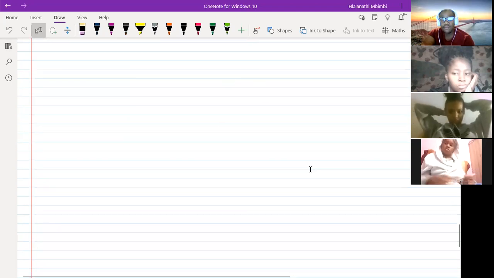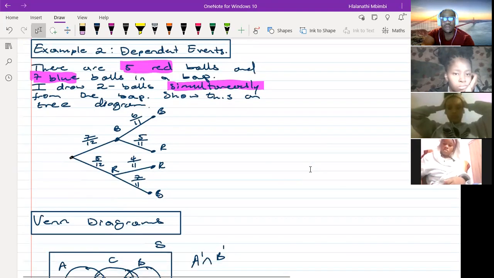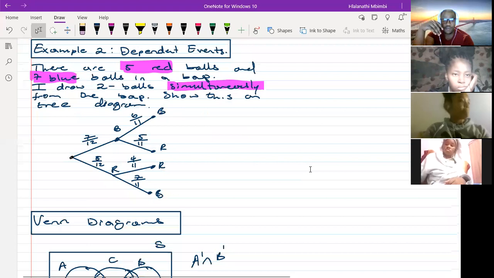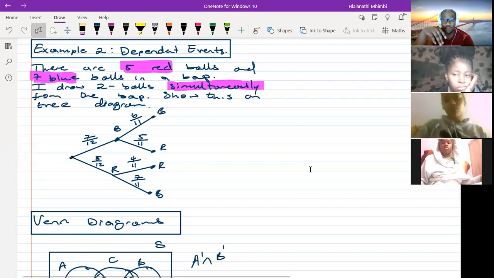And did sir record it? No, it was part of the first lesson. Before this lesson, there was already an introduction to probability. After that, there was a lesson on tree diagrams. And then this was Venn diagrams. So no, it's not recorded.